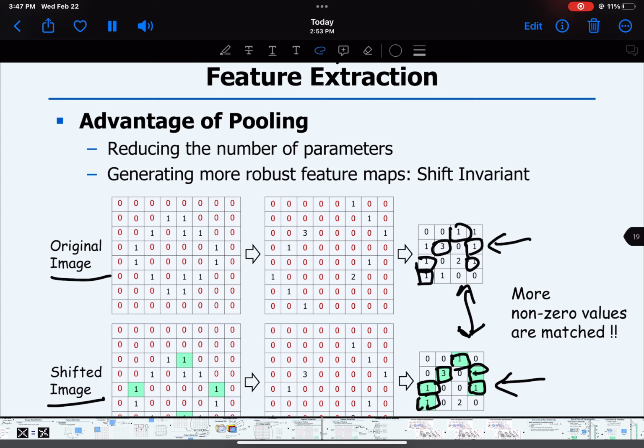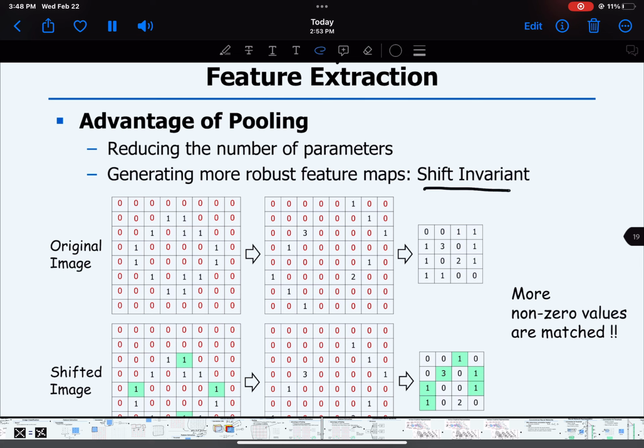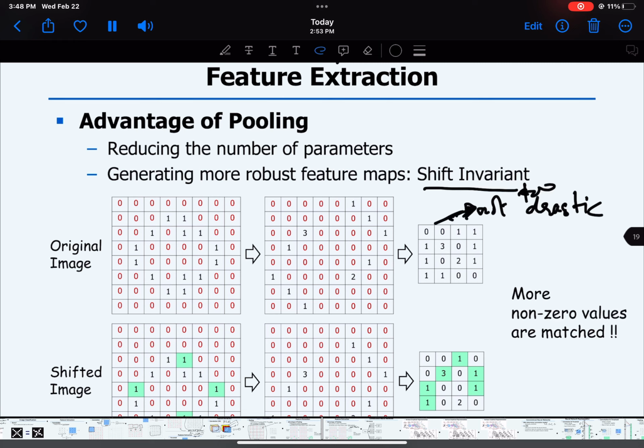So we can say that, to an extent, pooling is shift invariant if the shift is not too drastic. That is to be remembered. Not too drastic, or not too much shift. So we can still be able to extract the samples from our feature maps using the pooling concept for subsampling.